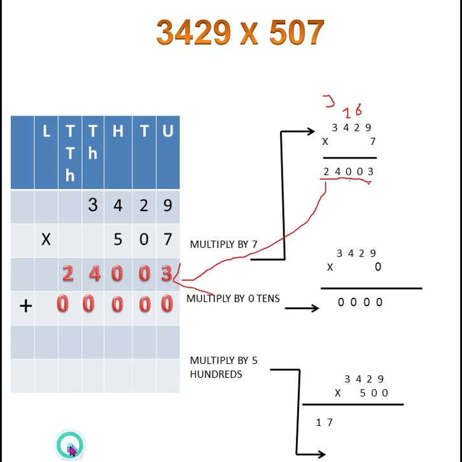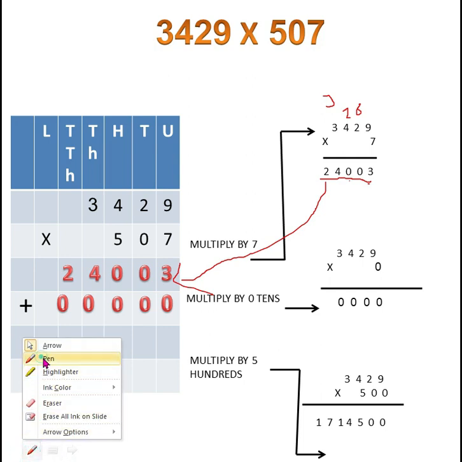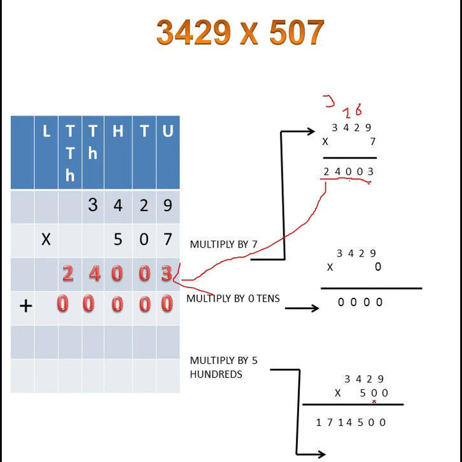You get this value, 17,14,500. We solve this example. First you put this 0, then there is the remaining 5.